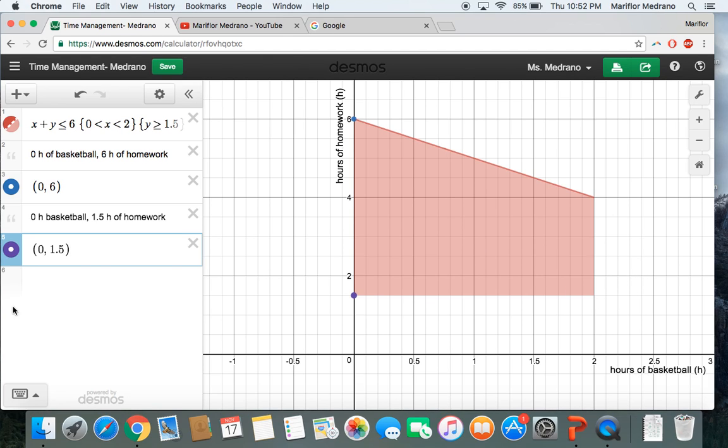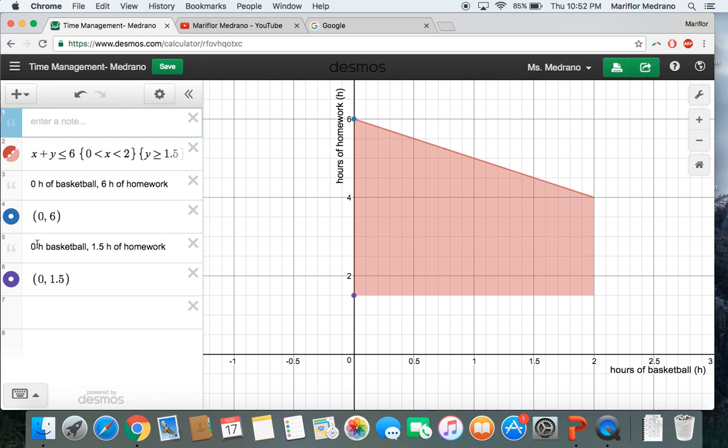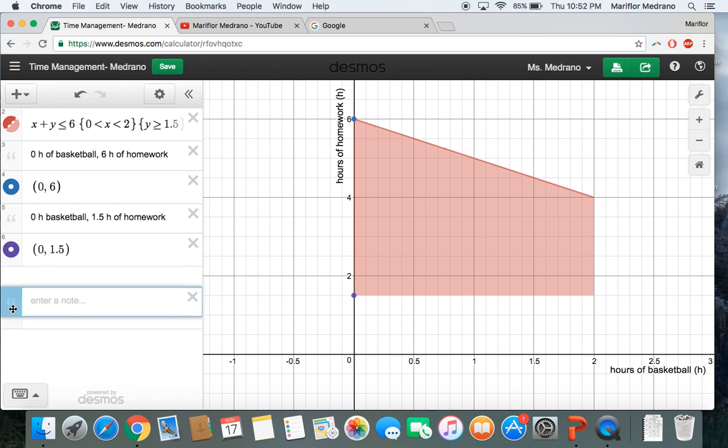This point means that I've played my maximum of 2 hours of basketball, and that I did the minimum amount of homework, which is 1.5 hours. So this would be 2, 1.5.